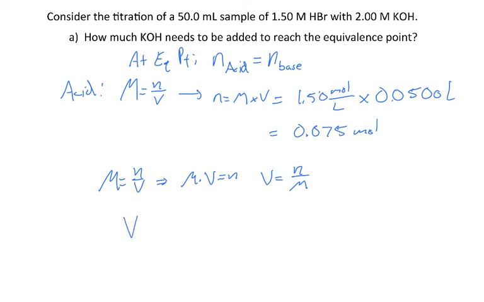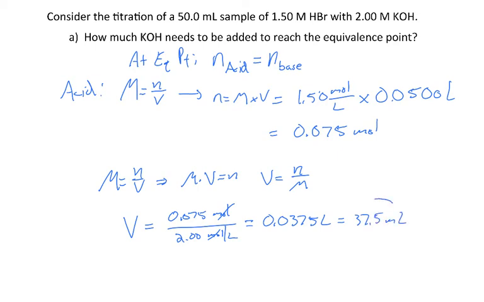So the volume of base that I need to add is 0.075 moles divided by 2 moles per liter. The moles cancel, and I've got 1 over liters, so my answer will be in liters, and I get 0.0375 liters. Or if I want to convert back to milliliters, that's 37.5 mL. All right, so we'll go to the next slide and do another example.